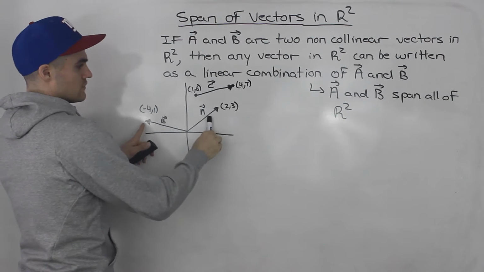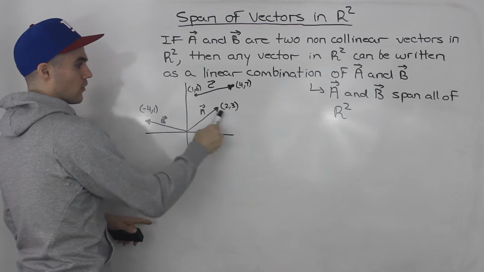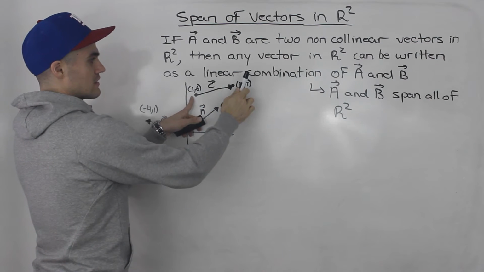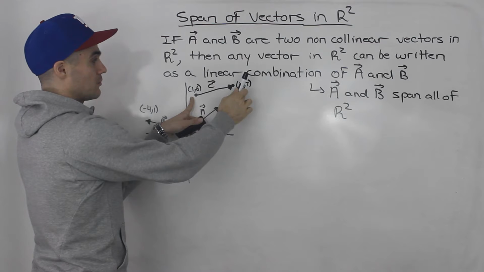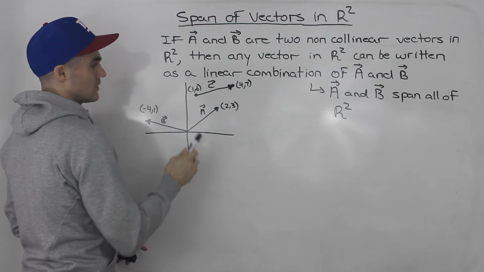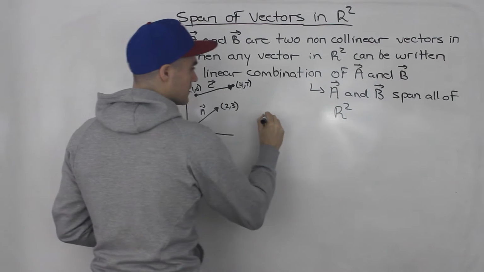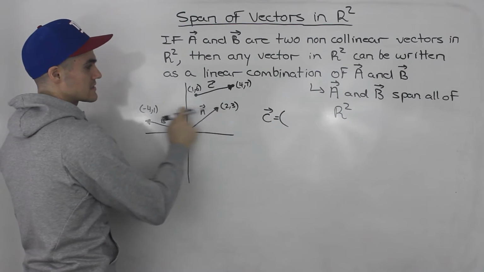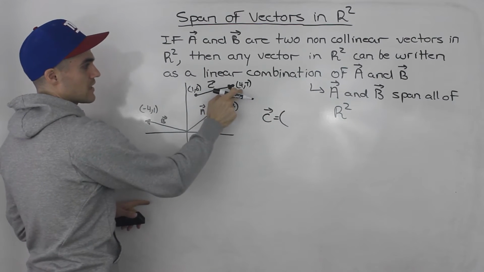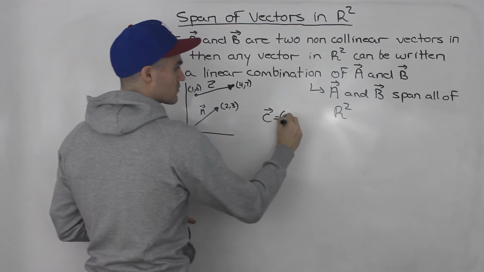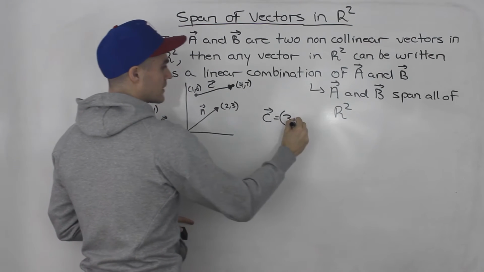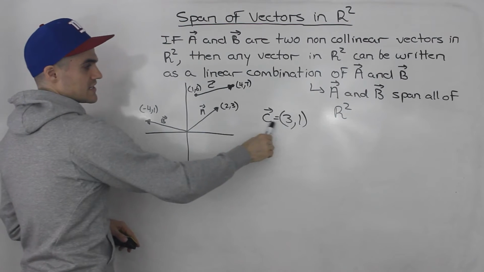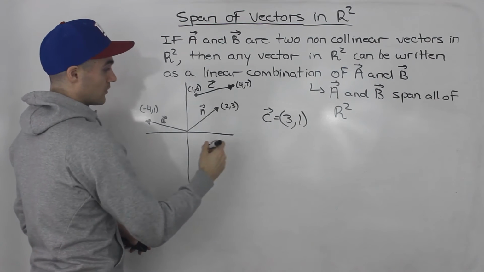Notice that these two vectors are already in component form, but for this vector we are just given the coordinates of the endpoints. What we can do is take this vector C and put it in component form like these two vectors. We would take 4 minus 1, which is 3, and then 7 minus 6, which is 1. So vector C is (3, 1) in component form.